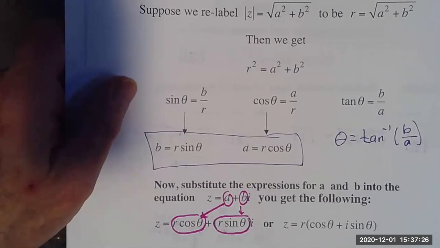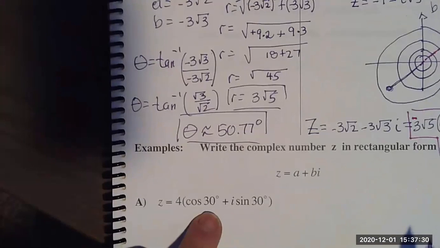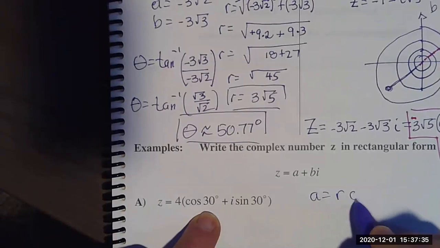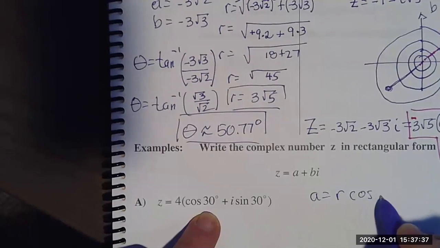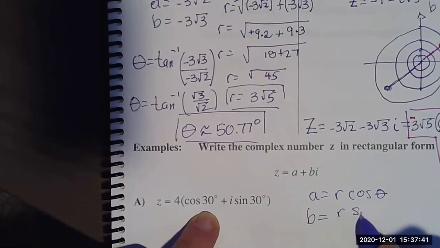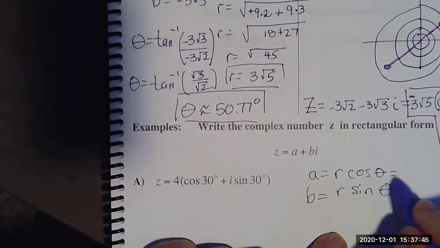So A is r cosine theta. Just got to figure out what theta is. Oh, theta is 30 degrees. So A is equal to r cosine theta, and B is equal to r sine theta. Okay, well, let's see. r is 4.